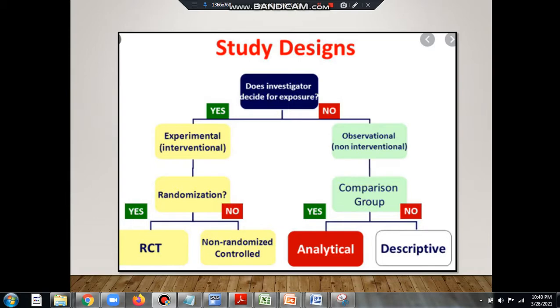So the exposure to COVID vaccination is decided by the investigator. In those scenarios, it is called an experimental study, because the investigator decides which cohort or which group of subjects receives the drug and which do not receive the drug.